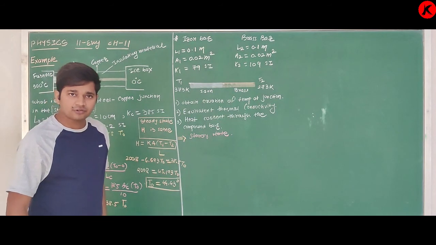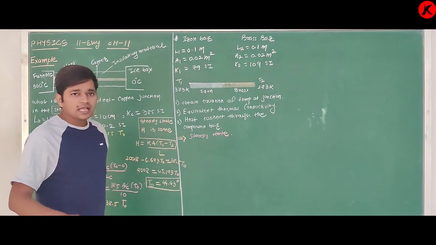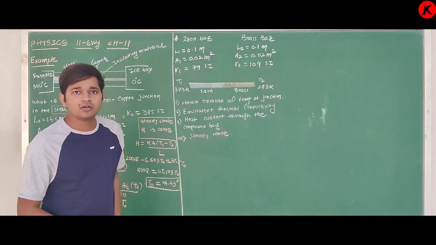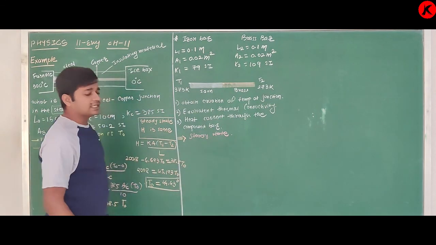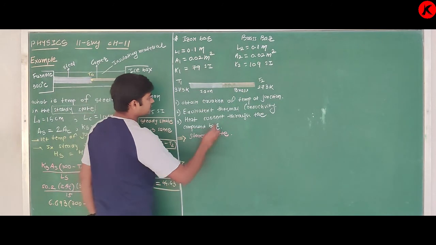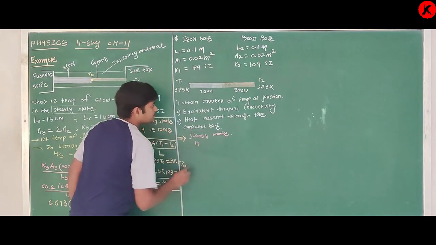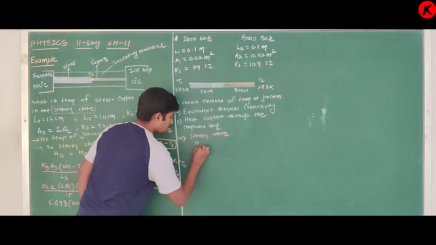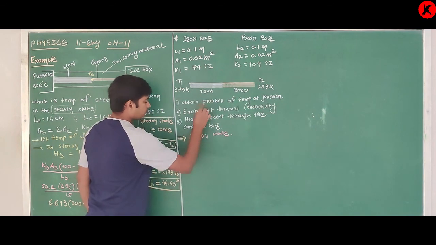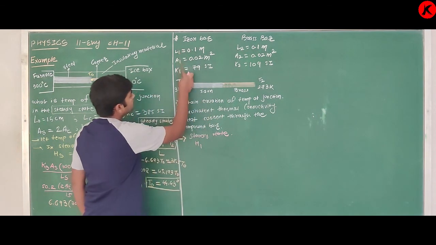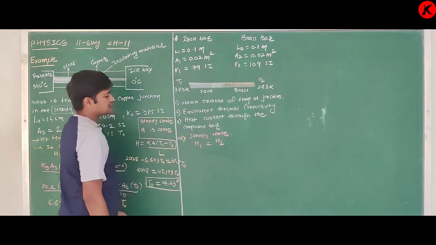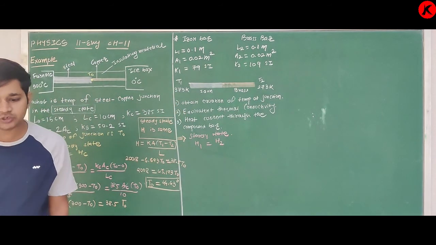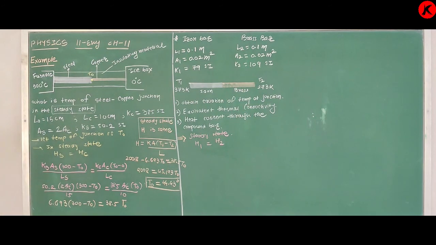For thermal steady state, I can write that the heat current from iron, H1, is equal to the heat current from brass, H2.